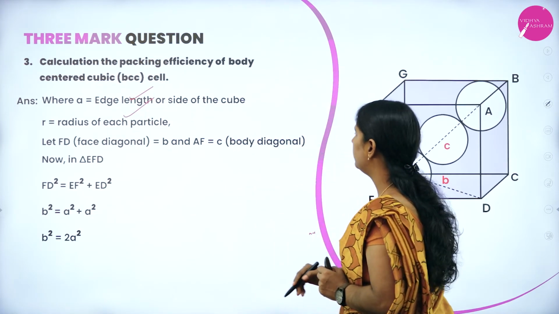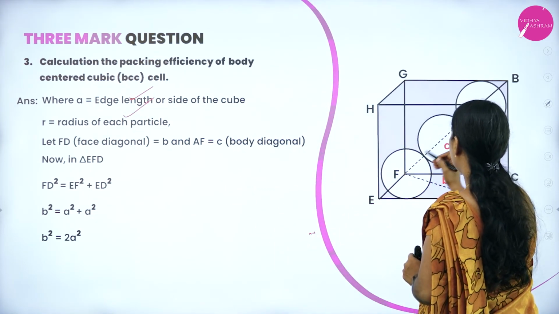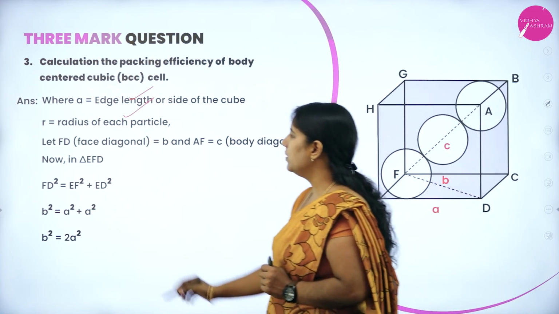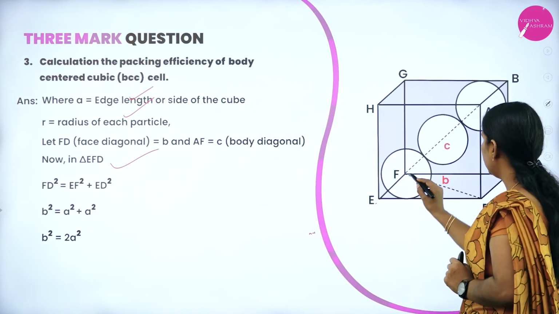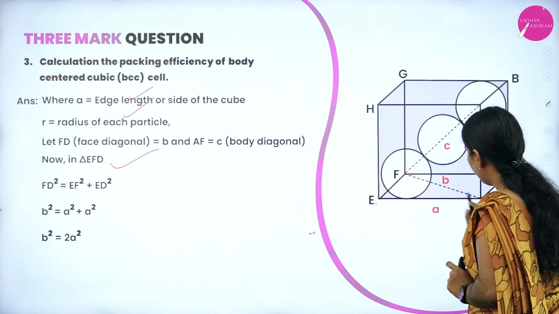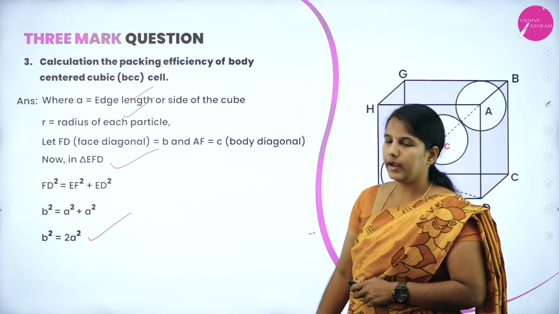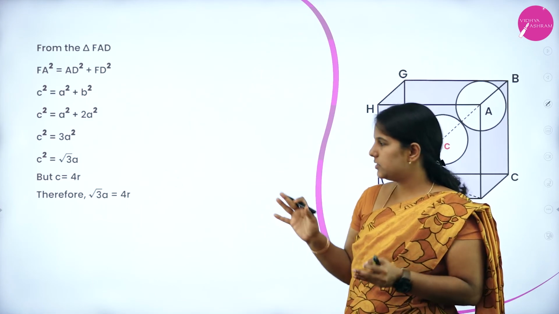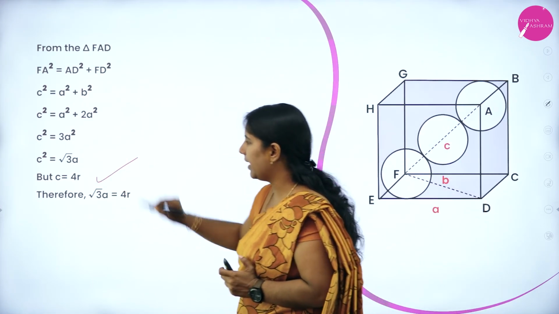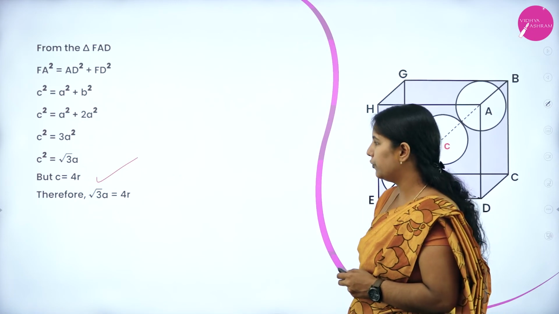So let FD be the face diagonal, as I said. And from the triangle EFD, as I have drawn one more diagonal, to show how B and A are related to one another. Finally, I get the value for C, that is C is equal to 4R.